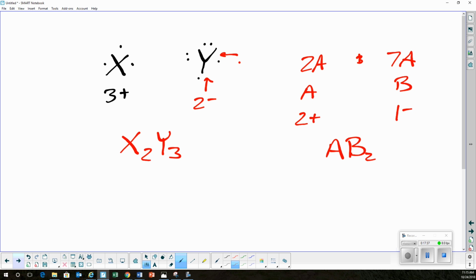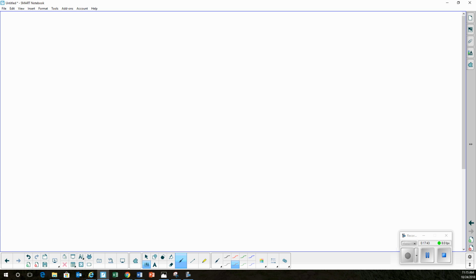All right, be able to determine if 2 elements will form an ionic bond by their position on the periodic table. So if I gave you these 2 elements, will they form an ionic bond?